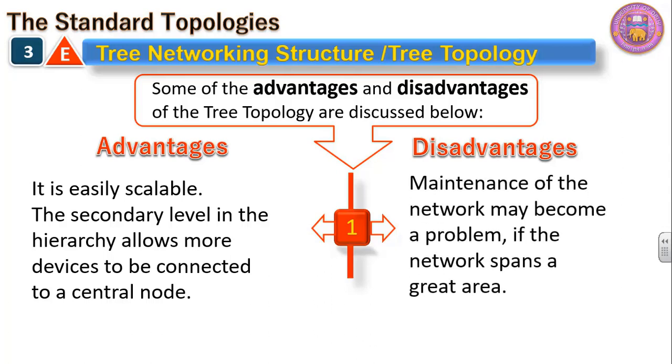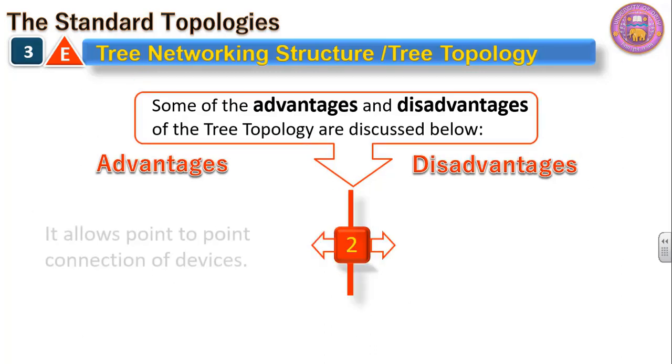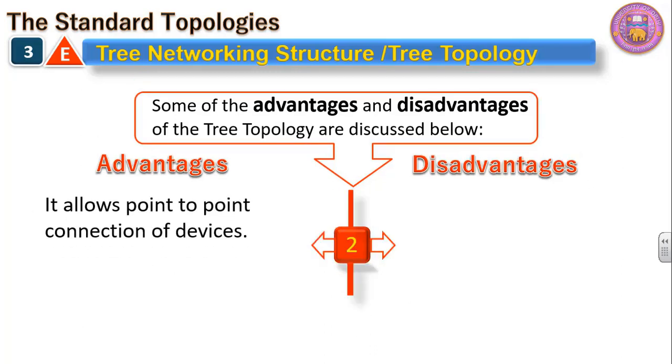The disadvantage is that maintenance of the network may become a problem if the network spans a great area. If larger the area of tree topology, the maintenance becomes a real issue. Advantage: it allows point-to-point connection of devices.